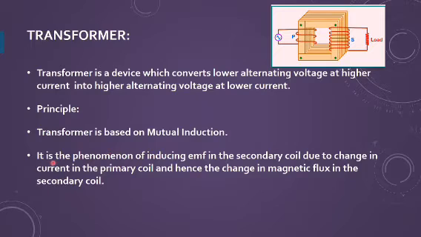Mutual induction can be defined as the phenomenon of inducing EMF in the secondary coil due to the change in the current in the primary coil. The first coil is the primary coil, which we connect to the source.